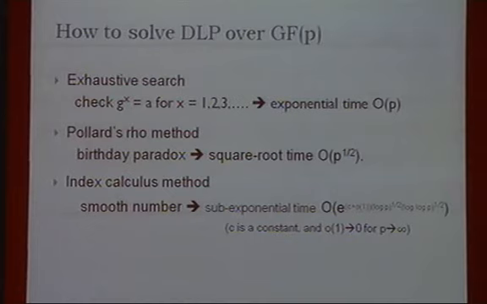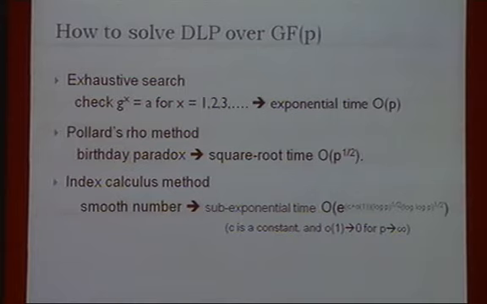For large p, for example more than 100 or 200 bits, this is much faster than square root time. For small p, for example just 1,000 or 1 million, of course the birthday paradox method is faster. But for cryptographic purposes, we can estimate this sub-exponential time to choose secure parameters.